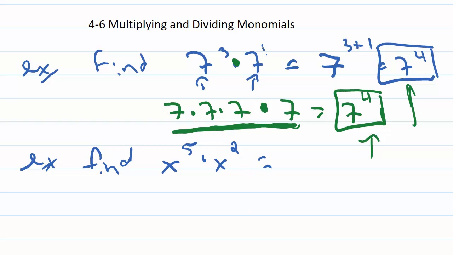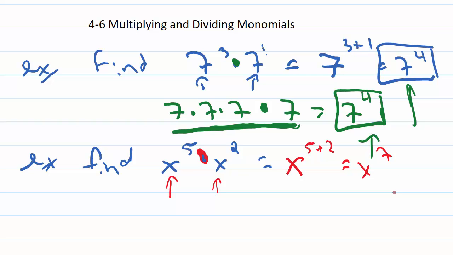Good news is it doesn't matter what x is, because the rules still apply. I'm multiplying powers and they have like bases. The base is both x, so I can use my rule if I recognize this and say, oh, that's the base raised to the power of, add the exponents, 5 plus 2, so that's 7 x's multiplied together.